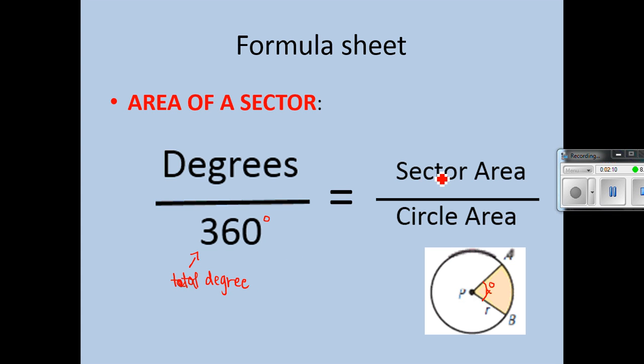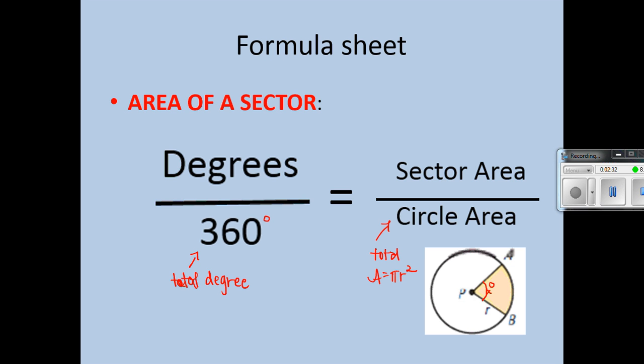And that's equal to the sector area, so this little part to the total area. Okay, so the total area is pi r squared. Okay, so this is the formula we're going to use today, and we're going to do a couple of examples.